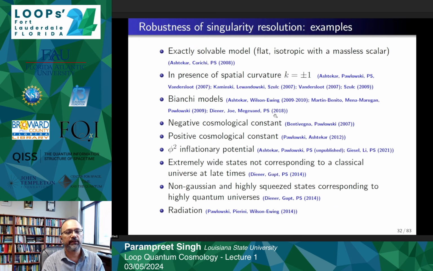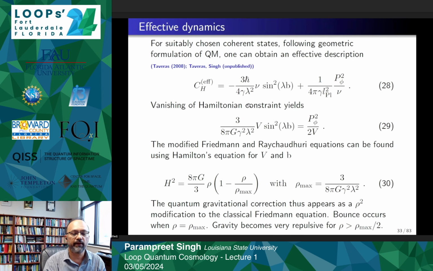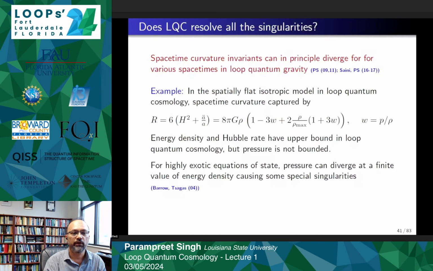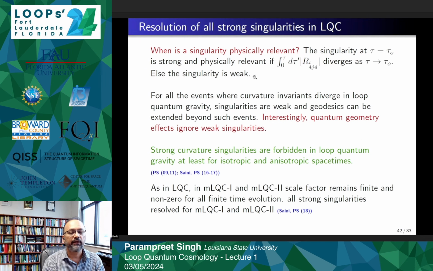If you make that assumption, then one can actually show, and I'm not sure if I'll be able to go to that slide, but I can go to that slide now if you want, one can try to answer this question using geodesic completeness and the very rigorous analysis of the strength of singularities: all space-like singularities in isotropic homogeneous models, as well as Bianchi 1, Bianchi 2, and Bianchi 9 models, are resolved in the effective dynamics of loop quantum cosmology.